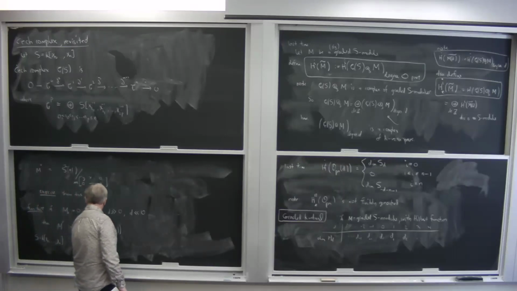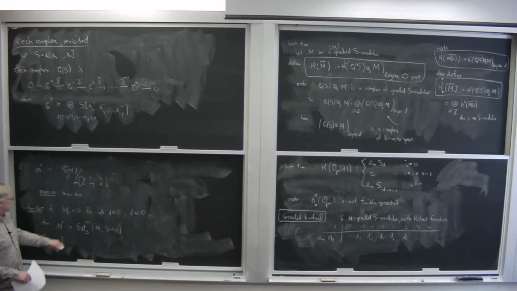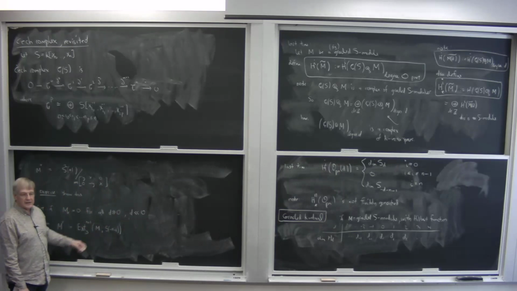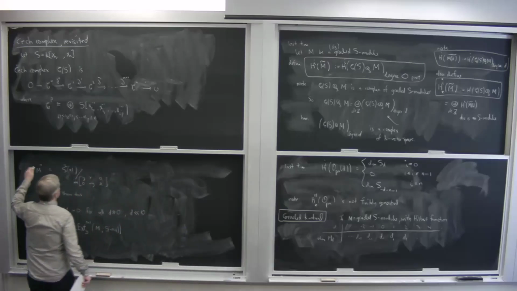This is true if this is equal to 0 for all d less than or equal to 0. No, I'm getting confused. So for all d sufficiently large, we'll have to say what it can mean, because it's not going to be true if M is not of this form. Okay. That's it. This is example one.